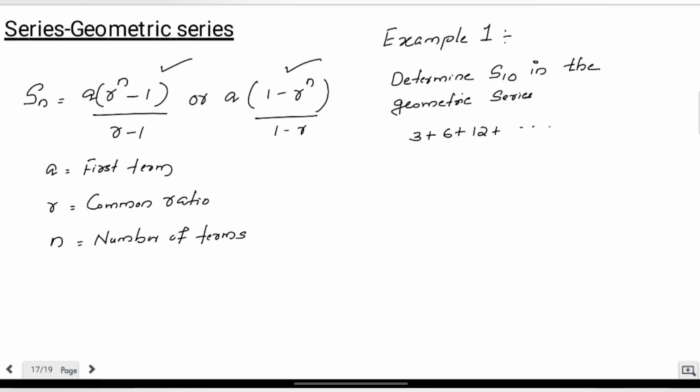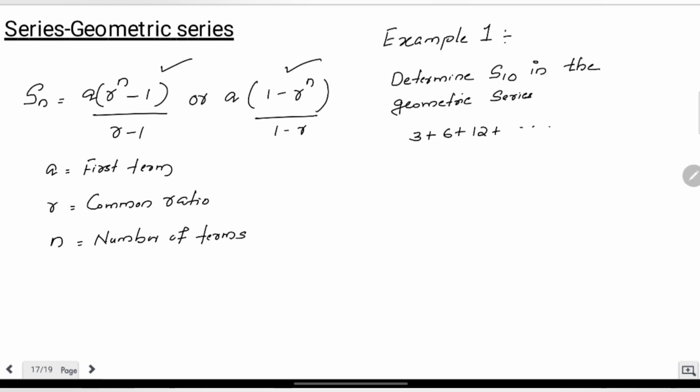For example, if the common ratio is less than 1, like half, then r minus 1 is going to be negative. Similarly the numerator also. To avoid that, in that case you have to choose this formula. But you don't need to worry, you just decide on one formula, both will give you the same answer.